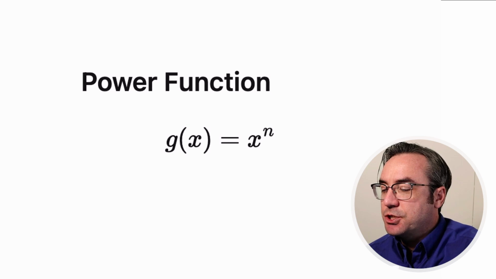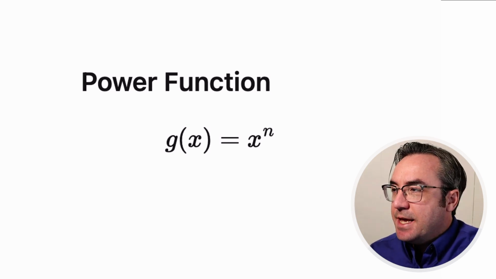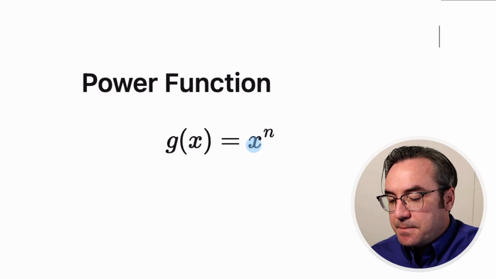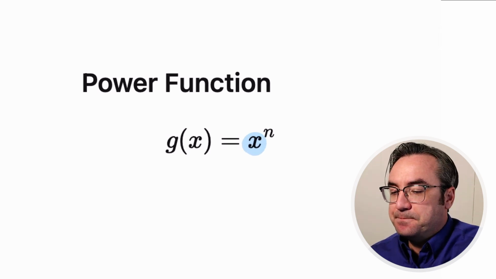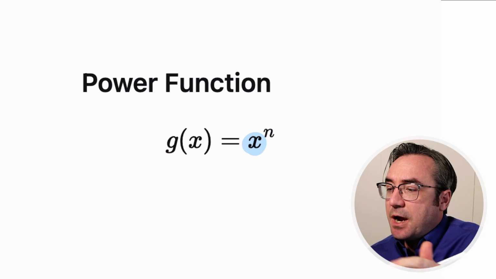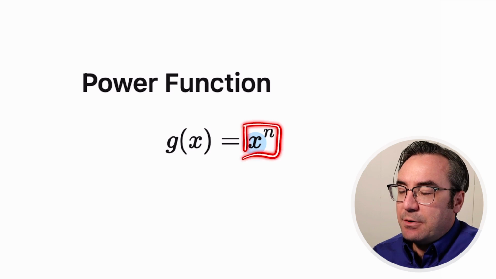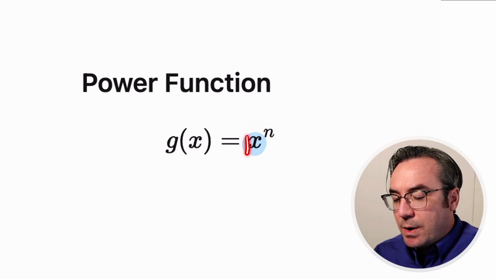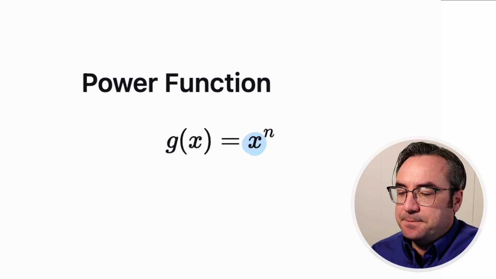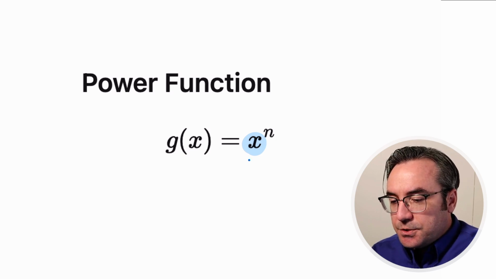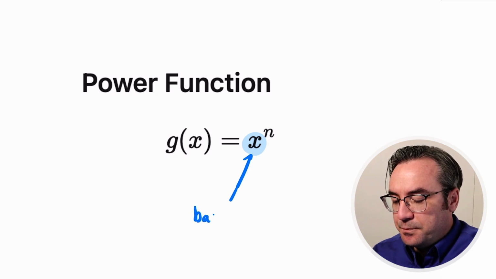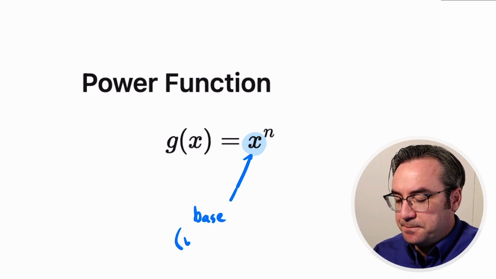And with a power function, what happens is the ground level is our variable. So when we're talking about power functions like this, the ground level we call the base. So for a power function, the base term here is our variable.